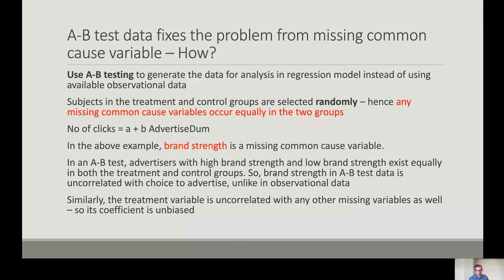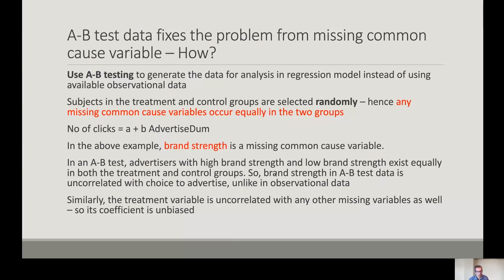So let's understand this using the example that we have already discussed. This example was about how, on a platform, the advertisers receive more clicks than non-advertisers. But then we identified that brand strength of the advertisers could be a missing common cause variable. Now, instead of using observational data, let us say that we implement an A-B test.